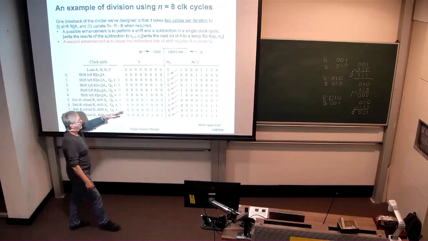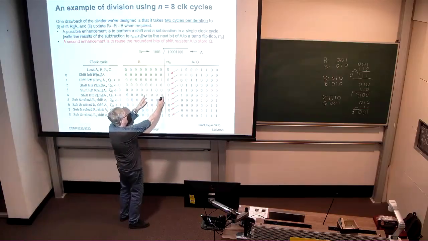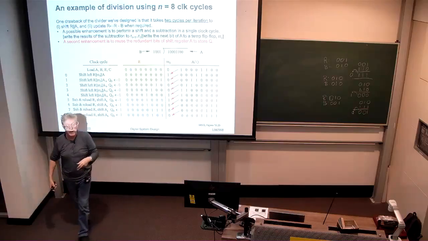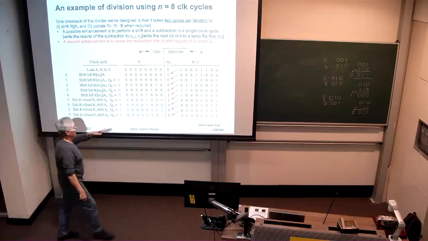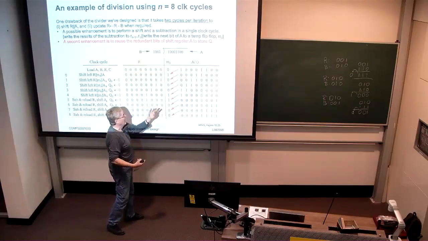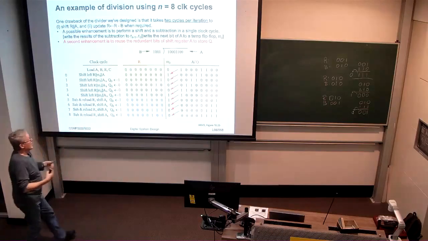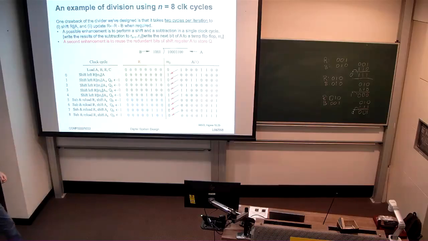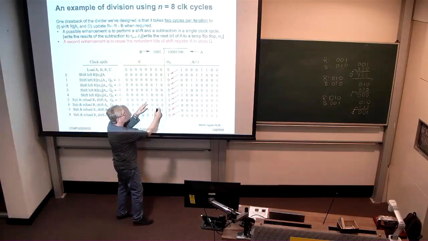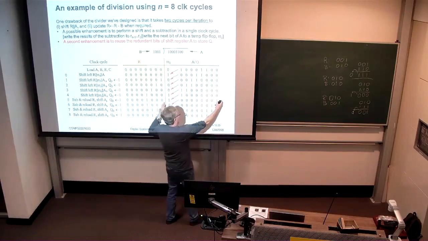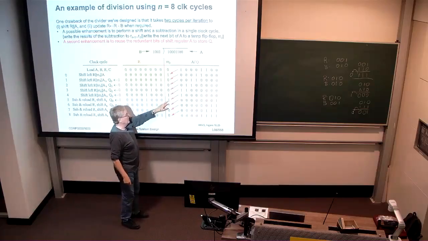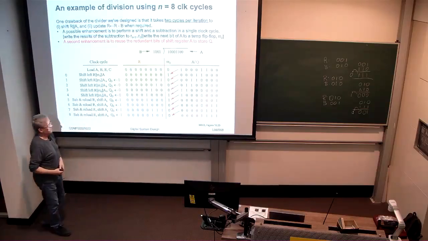On the next clock cycle, we have the 8 that's in the R register plus the 1. So that's effectively, sorry, not a 9, that's effectively 17. The 8 here is effectively 16 plus 1, 17. So now we can deduct 9 from 17, leaving a remainder of 8, which gets written into R here at the same time as we write the 1 into our quotient and read the next bit into RR0.